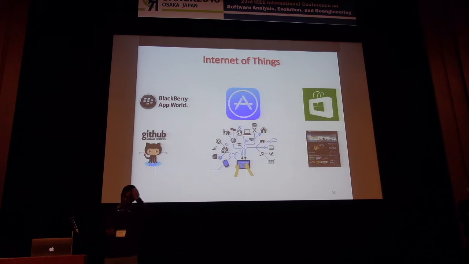In my opinion, there are going to be more specialized apps, apps that do one thing and one thing only. With the Internet of Things, there are going to be apps for the refrigerator.